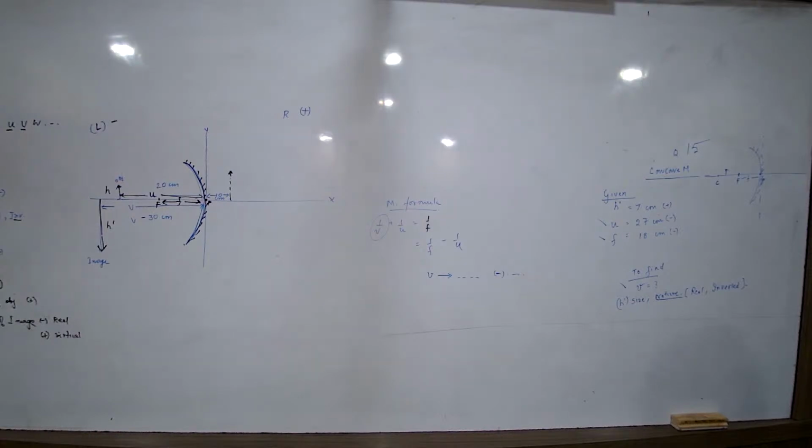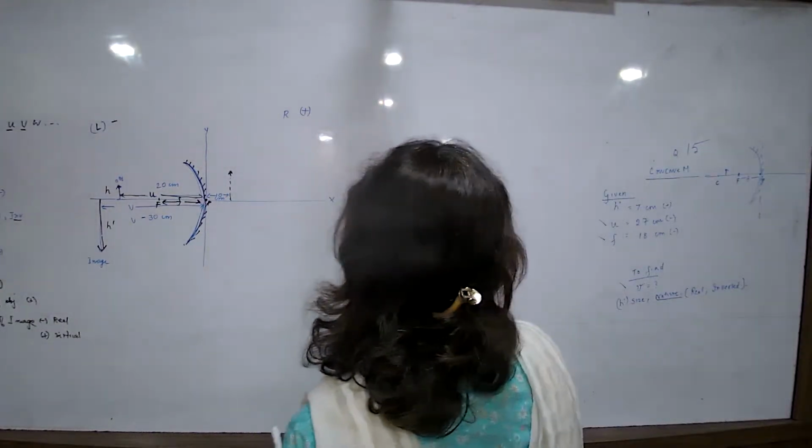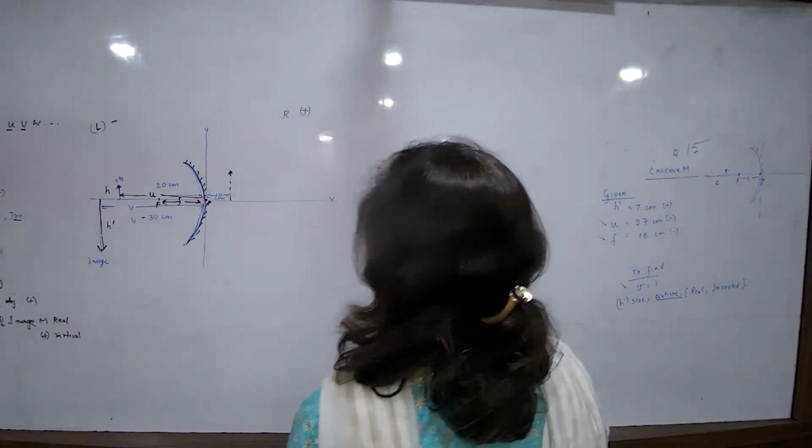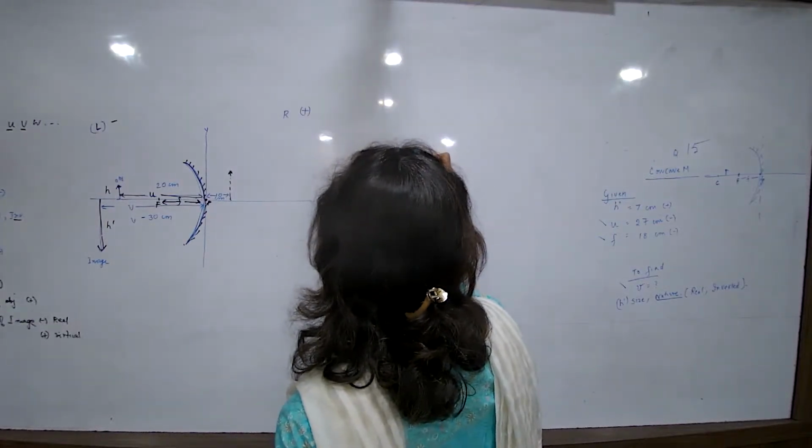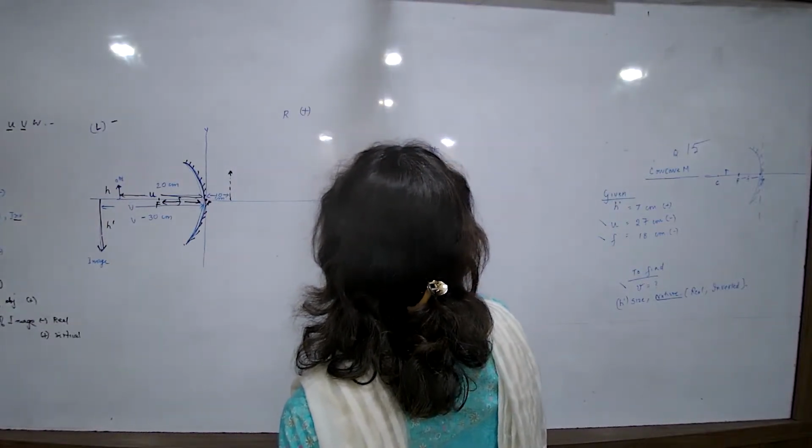So we have done all the sums which are given in the textbook related to mirrors. Your entire chapter on light is divided into two parts.